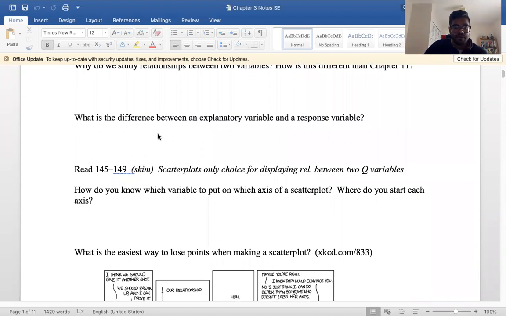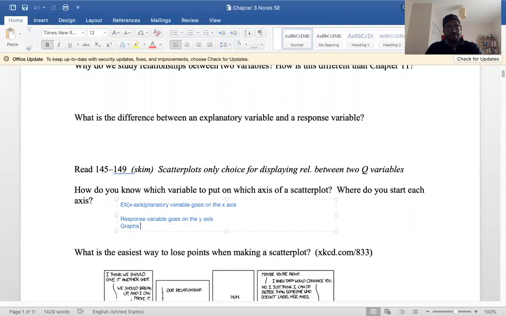How do you know which variable to put on each axis? Explanatory, right? The X stands for x-axis and explanatory. Okay. And then conversely, your response variable goes on the y-axis. A couple of graphing points here.